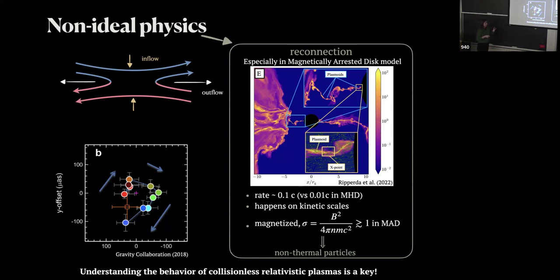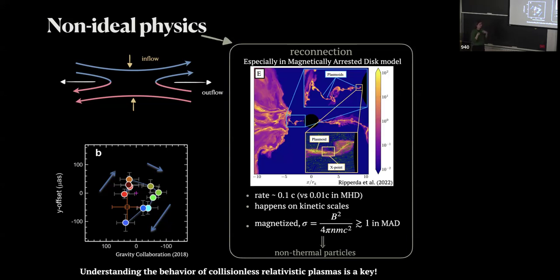And this is important because this is the same simulation I showed before. In these large-scale magnetically arrested disk simulations, we see that the disk accretes through these current sheets, and you can see in the zoom-in here there is this X point, and as the magnetic flux in this current sheet saturates, the magnetic field reconnects, and then you have this flux eruption episode, in the direction opposite of the accretion that we talked about earlier.